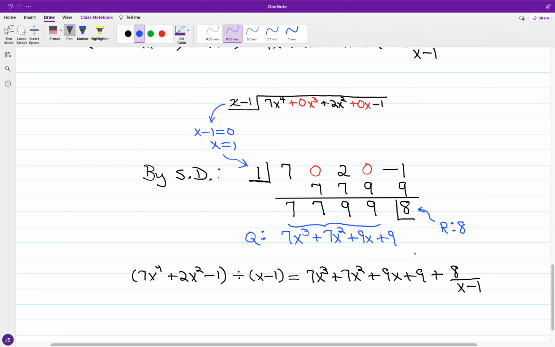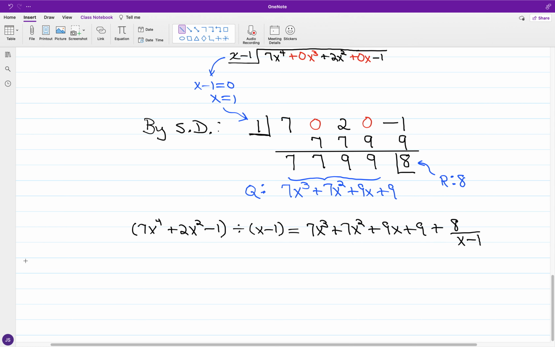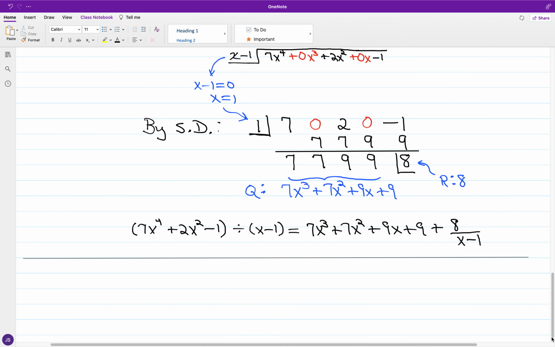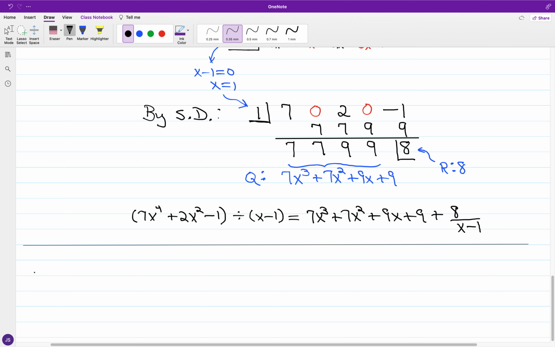All right, now taking the group of problems from page 279, the case of number 12.